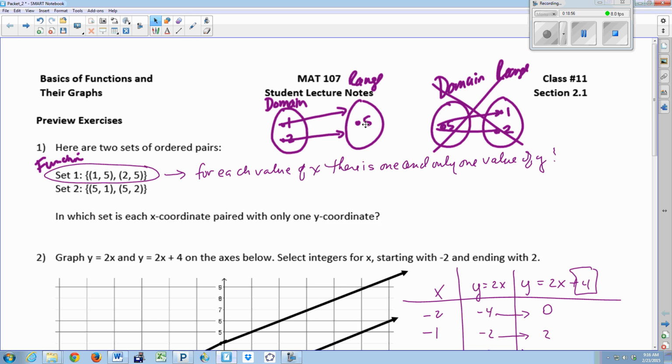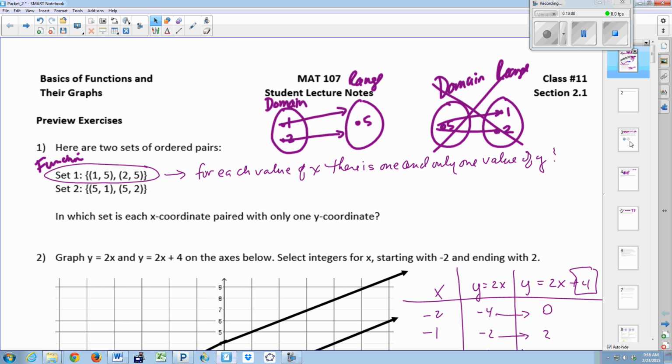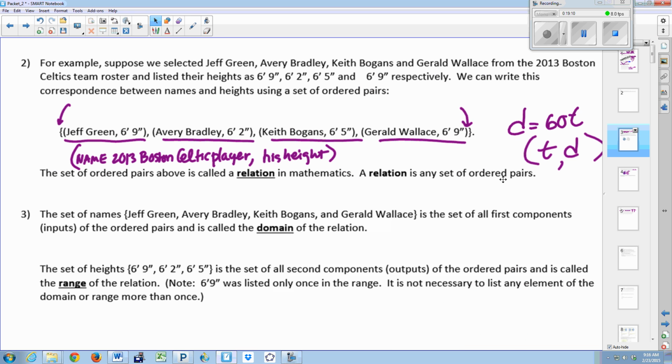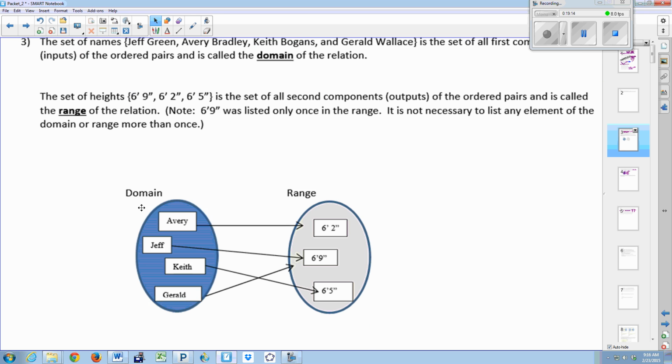Okay, so it doesn't say that the output value has to be unique in the sense that no other input can go to that. Just like we could have 2 Celtics players having the same height, that was fine when we had the heights as the output. But that was when we had the players as the input. We knew Avery's height, we knew Jeff's height, even though Jeff and Gerald had the same height, it was okay.